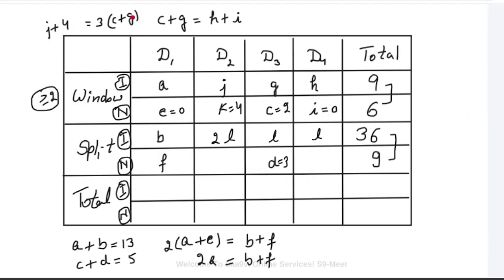C plus G. C is 2. Here H plus I. That means I is not there. That means C plus G has to be equal to H.